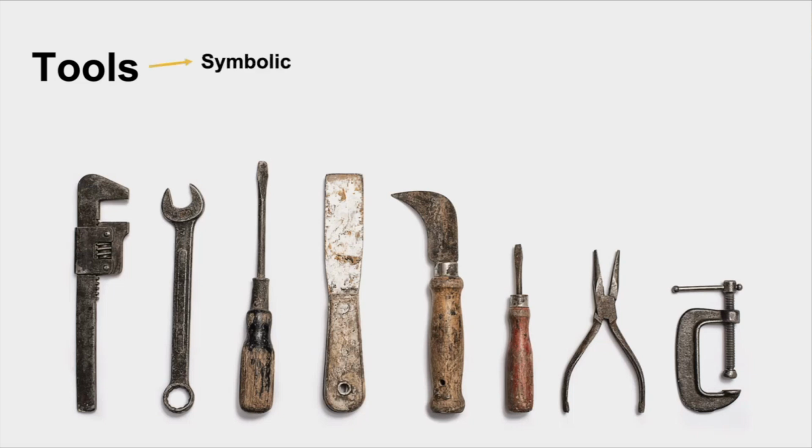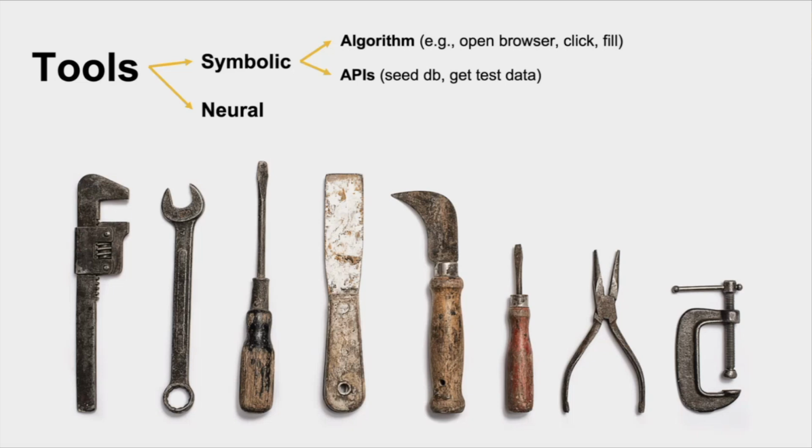So let me just quickly cover this topic. There are symbolic and neural tools. If I go into more detail, symbolic tools are the tools where you have your own algorithms, which could be something like Playwright, opening a browser, clicking on a specific button, or filling some element. It could also be APIs. Again, in our testing world, it could be some get test data or something similar.